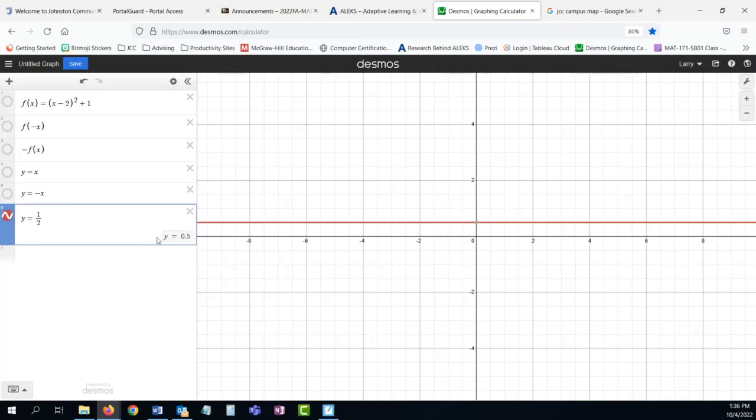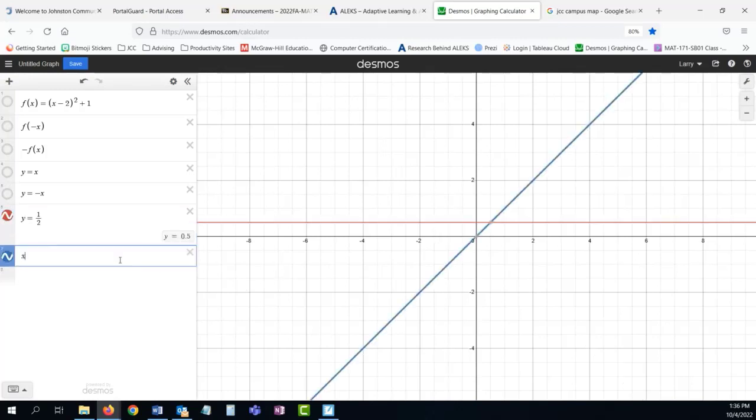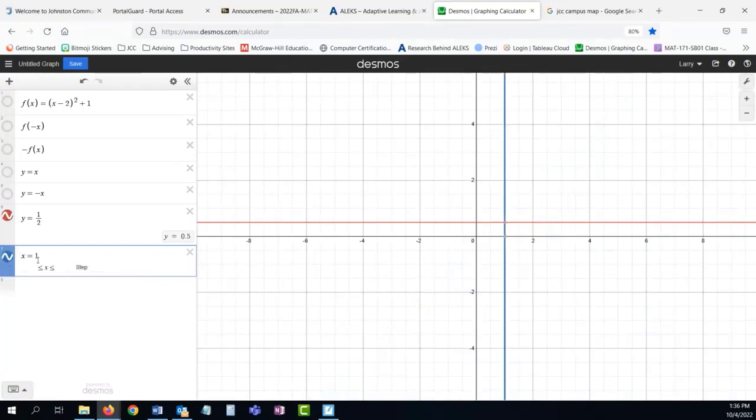And then my statement was that if you want to be perpendicular to that, you have to be vertical. The only way to have a vertical line is to write an equation where y is missing. So there's y is equal to 1/2. Here's x is 1. This one has a slope that's undefined. The reason the slope is undefined is if you pick any 2 points on this line and you find the slope, you'll cause division by 0. So that's why a vertical line has a slope that is undefined.